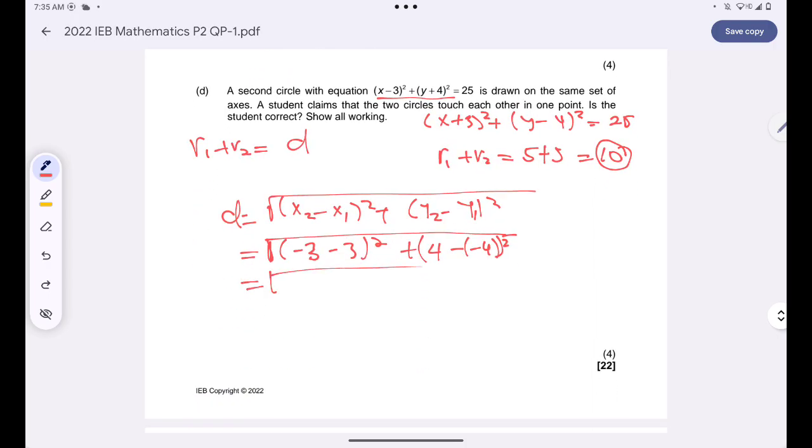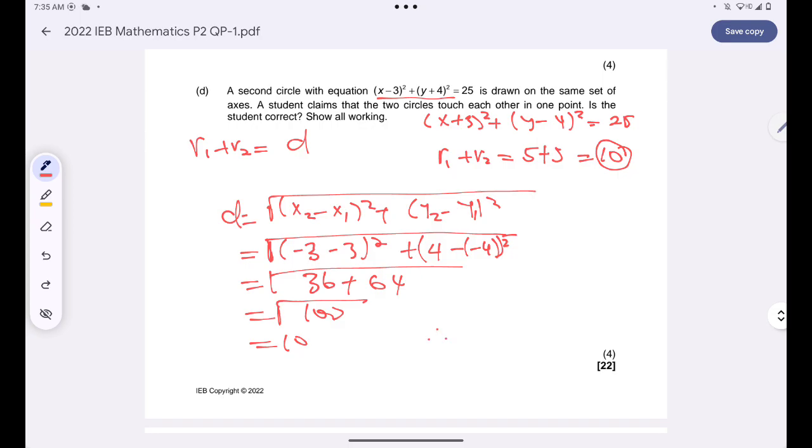And then this will give me negative 6 all squared, which is 36, plus 4 minus a negative 4, that's 4 plus 4, that's positive 8, and then 8 squared is 64. This will give me a square root of 100, which is equal to 10.